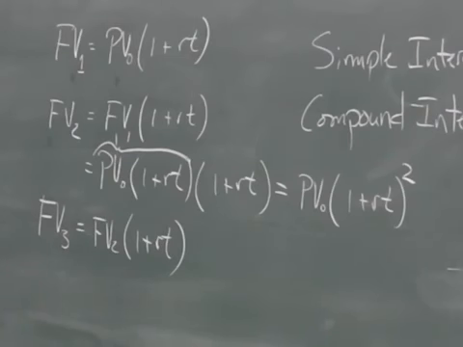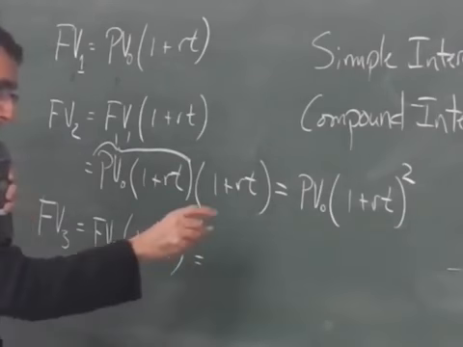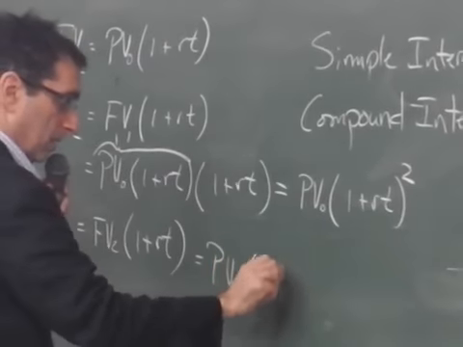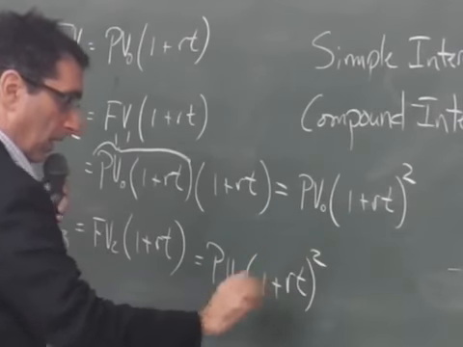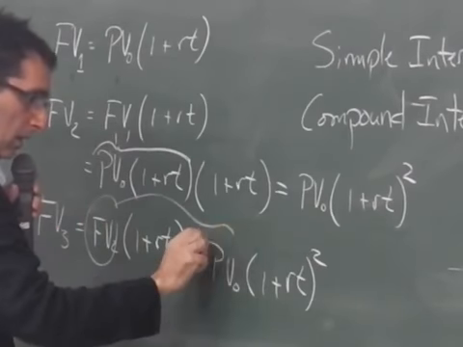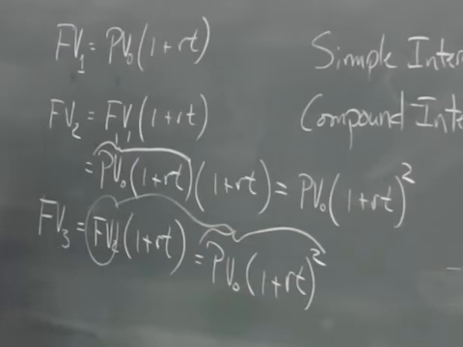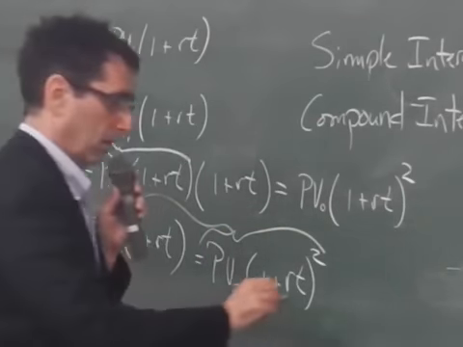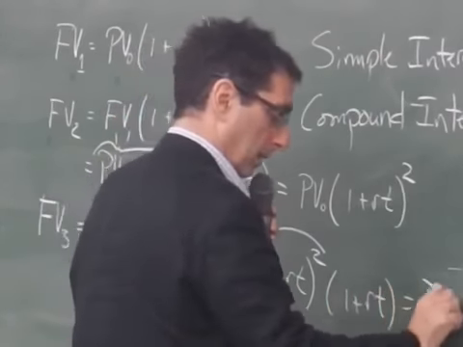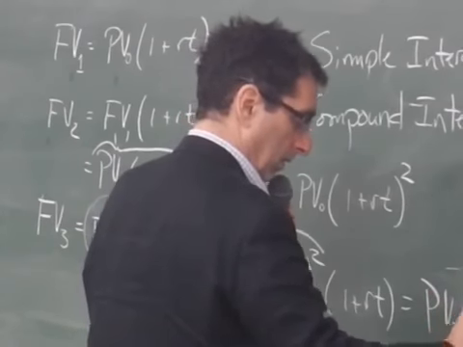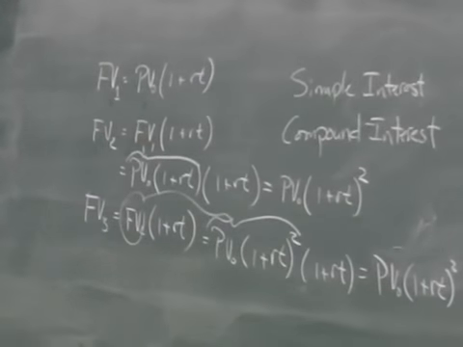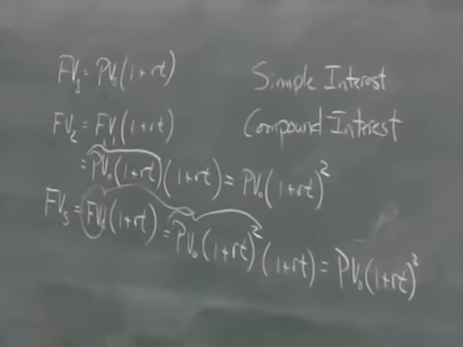But what is FV2? It's here. It's PV0(1 + RT) squared, times (1 + RT), which gives me what? So you can see the pattern, obviously. At the end of the third year, it looks like that.